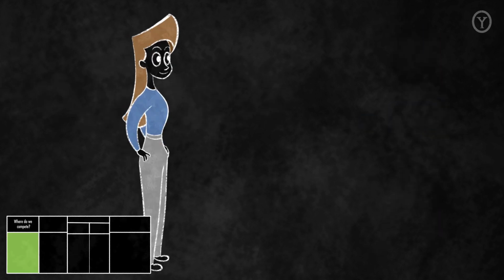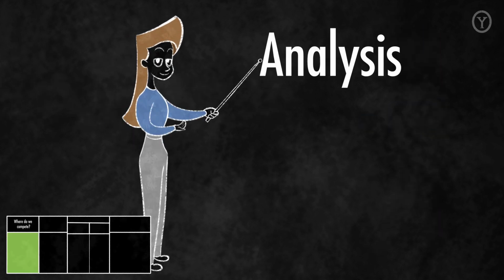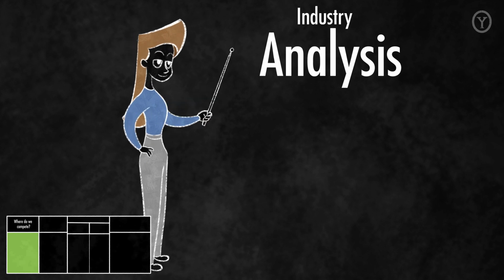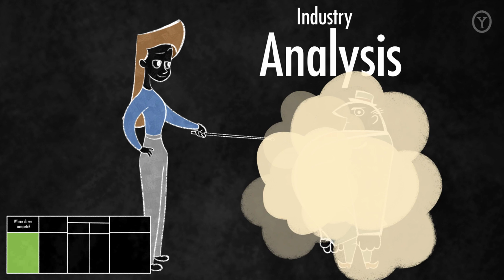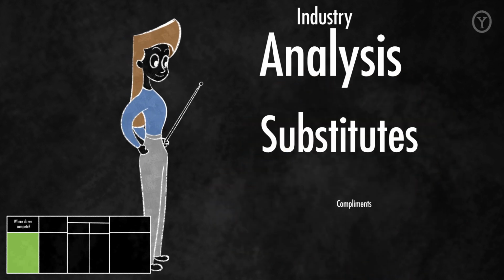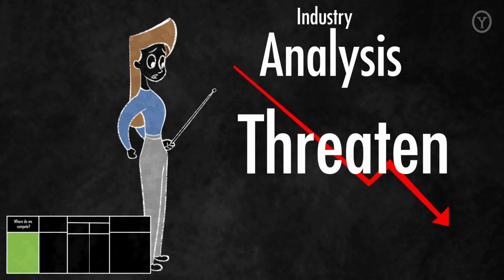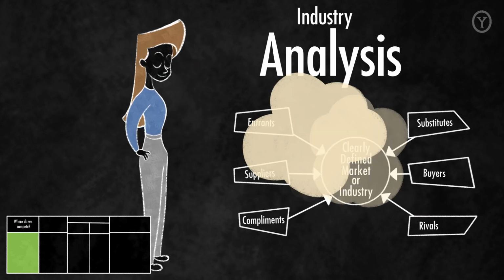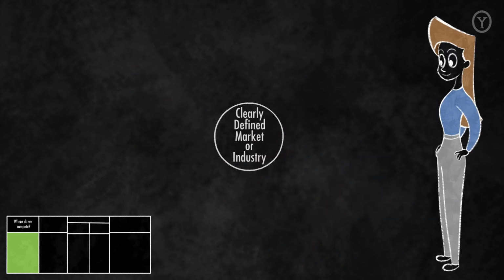Once we have clearly defined where we compete, we can then perform more detailed analysis. For example, industry analysis allows us to analyze the extent to which current competitors, future competitors, suppliers, buyers, substitutes, and complements threaten the profitability of our competitive environment. Given these different players in our industry, is this an attractive place for us to compete?